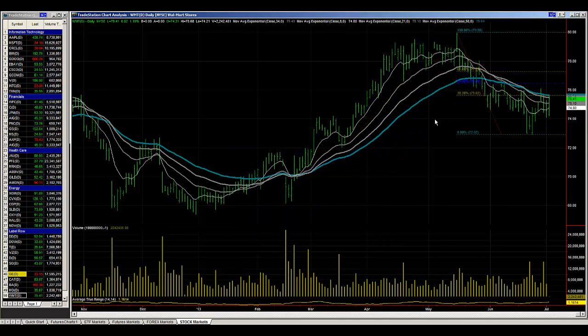Or I know some of you like to use them as kind of an envelope of price action. They were great to identify that boundary of price action, the normal ebb and flow. But the 34 and the 50 moving averages are also pretty popular.